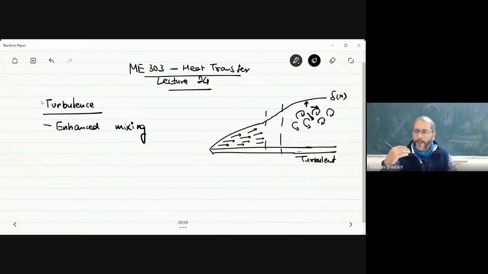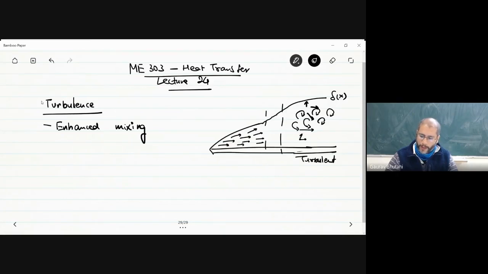This jumping from one layer to the other, because of these random y components and x components that have developed, causes the mixing of the fluid. Let's say a bottom layer molecule was going slower than a molecule at the top layer.